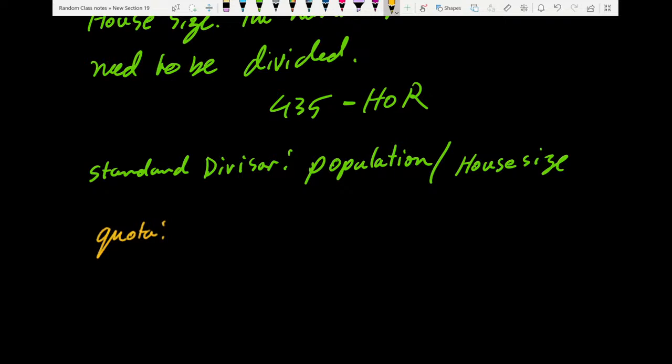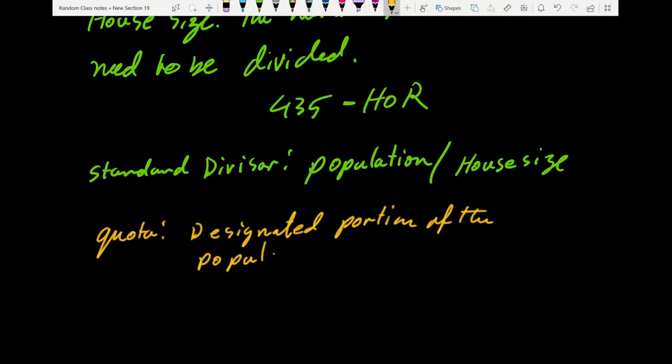Things like that, that's what quota means. Mathematically, it is the population divided by the standard divisor.